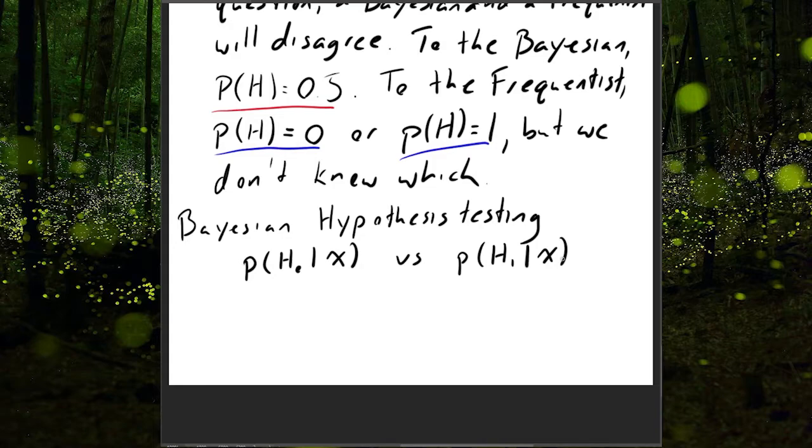And if the probability of the null hypothesis given the data x is larger than the probability of the alternative hypothesis given the data x, then we prefer the null hypothesis.